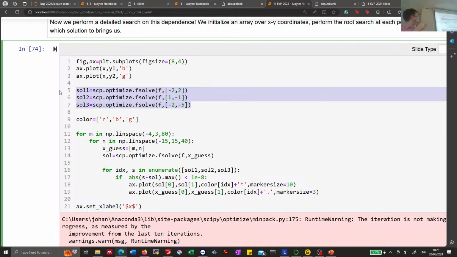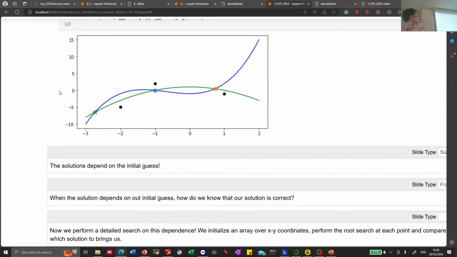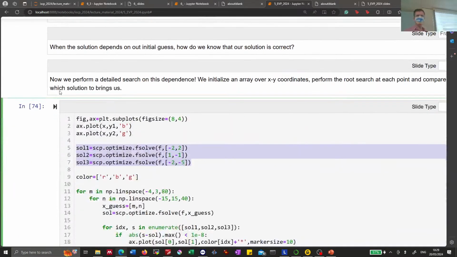These points I've pre-selected because they give me 3 different roots. Visually, I solve the problem, I know 3 different roots. Then I do it in Python, and with these 3 points, the black circles, I get 3 different solutions, the stars: green, blue, and red, or orange.